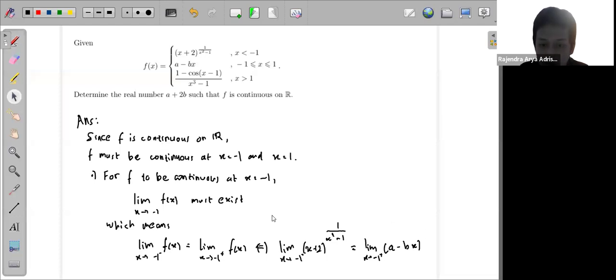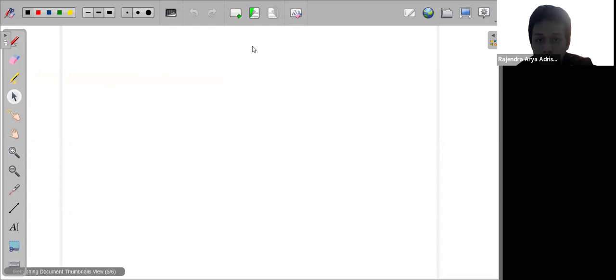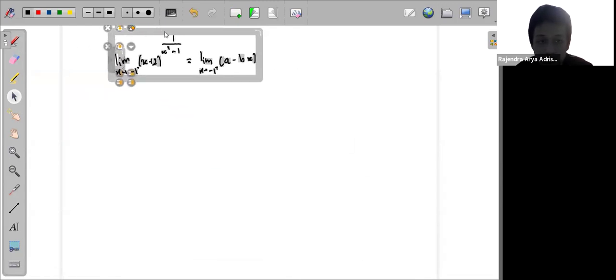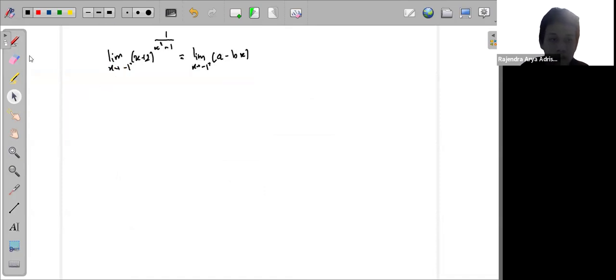Okay, let's continue on the next page. What we are going to do next is simplify both limits. The limit on the right side has no problem here, right?